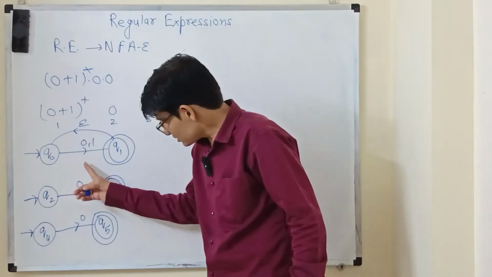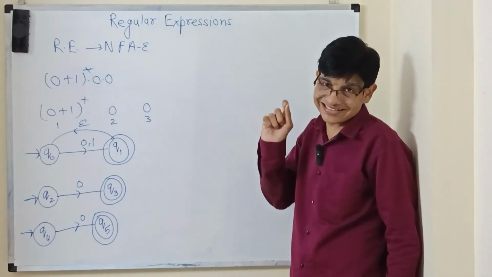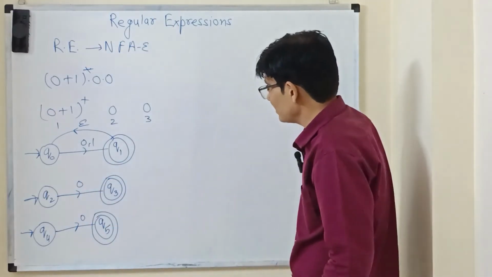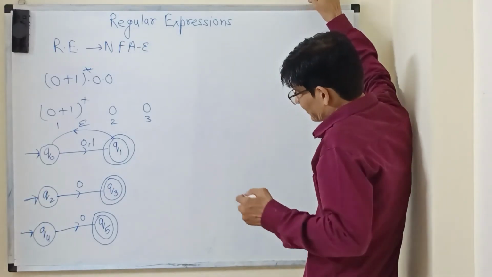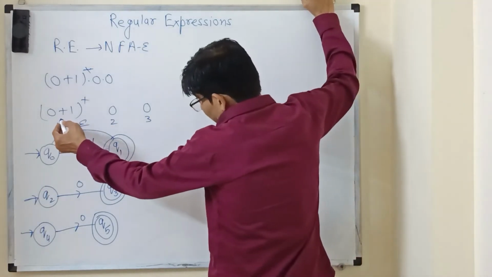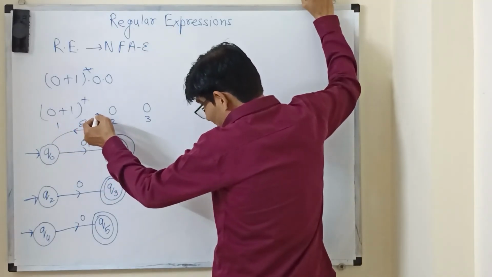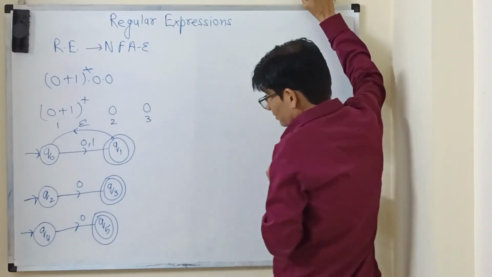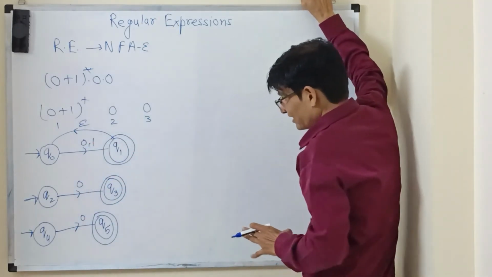These three different machines have separate initial states and final states. Now we will connect all these machines with the help of epsilon transition. So how to connect them? Let's see. The first part is concatenated with the second part, and then these two are concatenated with the third. That means all these three machines will be connected in series.